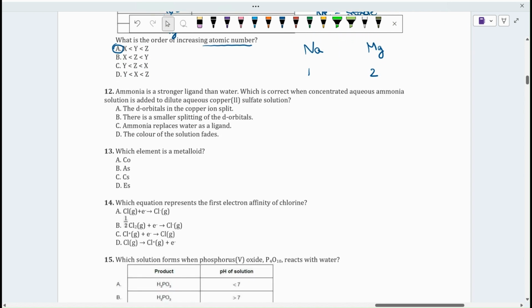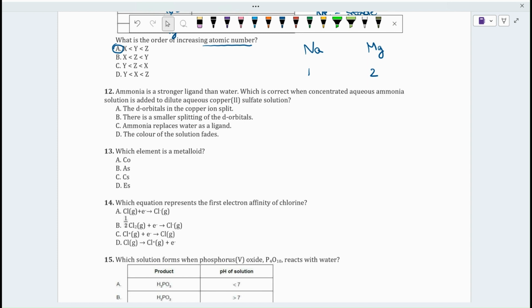Number 12. Ammonia is a stronger ligand than water. Okay. Let's have a look. So the d orbitals in the copper ion split. They do, yeah. They do with ammonia and they do with water. So whilst it's true, let's see if there's something that fits better to the question. There is a smaller splitting of the d orbital.